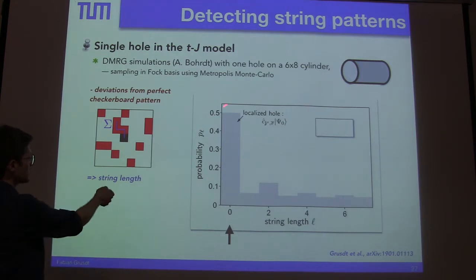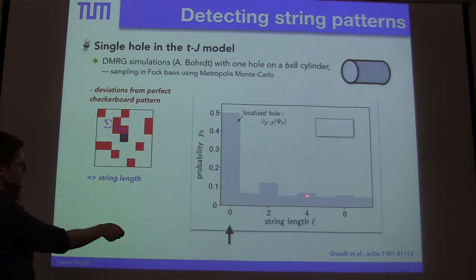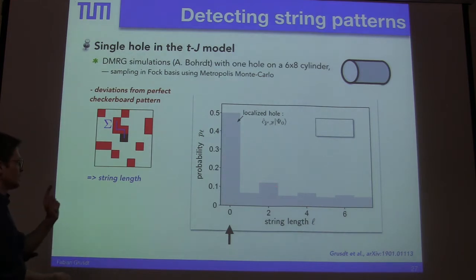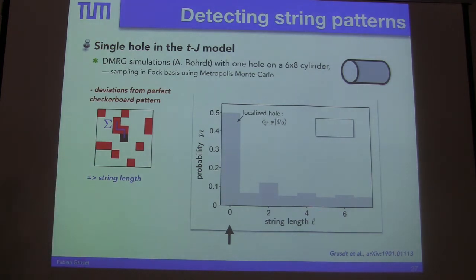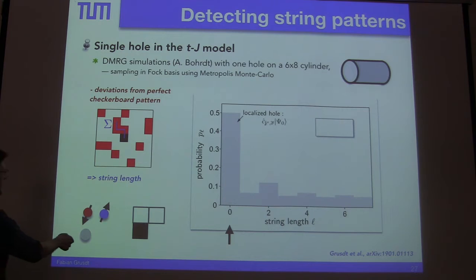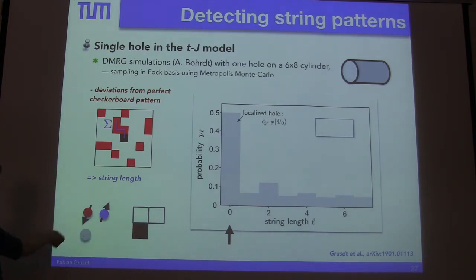What you can see is that most of the strings have a length of 0. Then there is this structure here, with more strings of length 2, 4 and 6 than the others. This is actually easy to understand, because remember, the quantum fluctuations are modeled by spin exchange interactions, which exchange two spins. Imagine you have a hole, and next to it two spins which are as they should be in the Néel state.